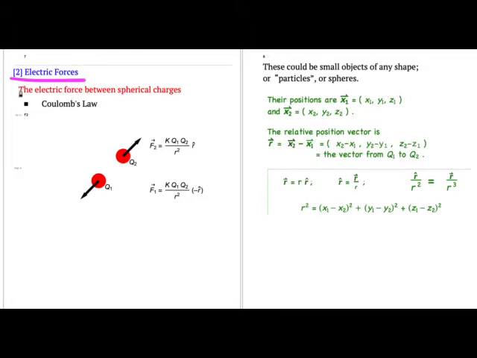To be very specific, the electric force between spherical charged objects is given by Coulomb's law. We have two positive charges with charges Q1 and Q2, and some distance between their centers R. Then the force on Q2, call that F2, is equal to K Q1 Q2 over R squared.